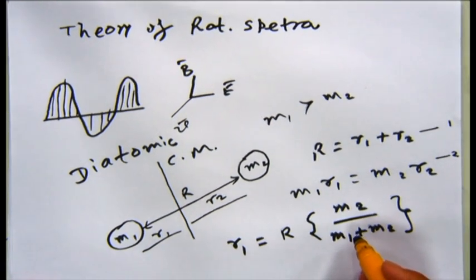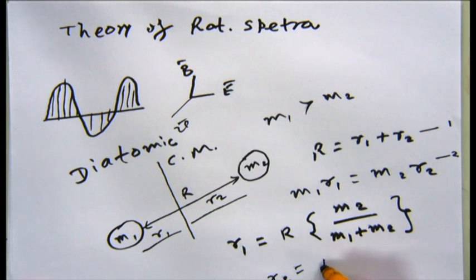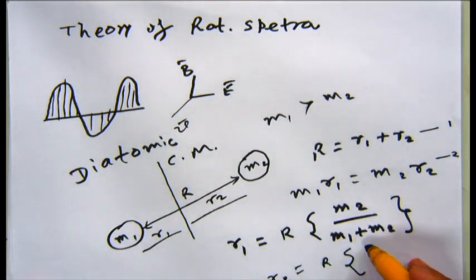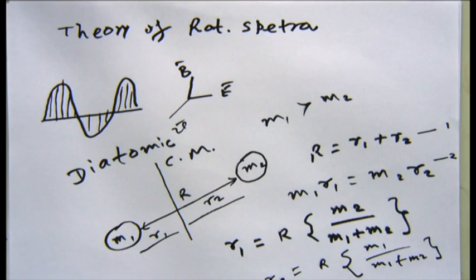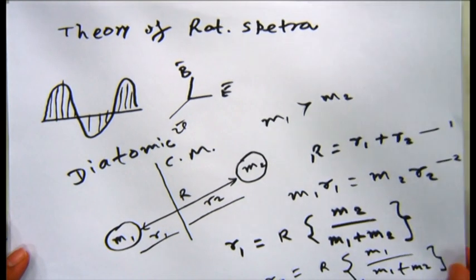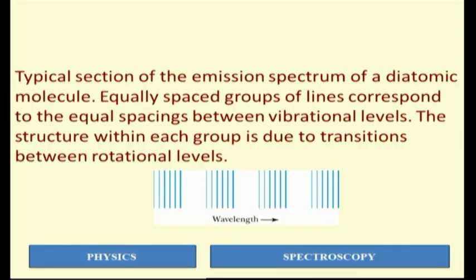Similarly, r2 is equal to R m1 upon m1 plus m2. Here r1 and r2 are both the distances of mass m1 and mass m2 from the center of mass.